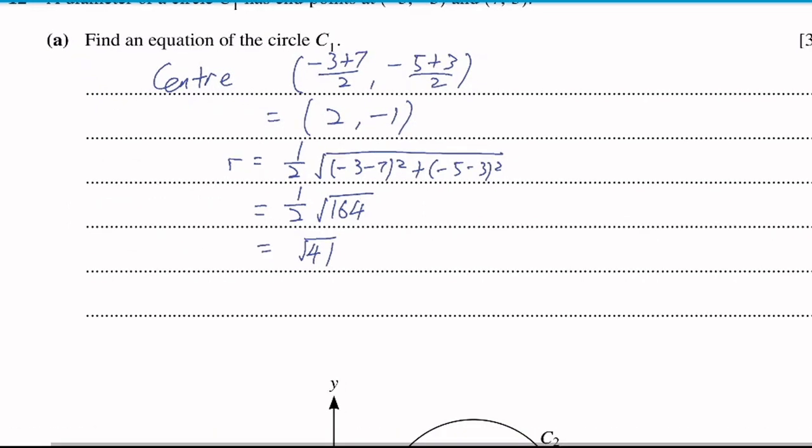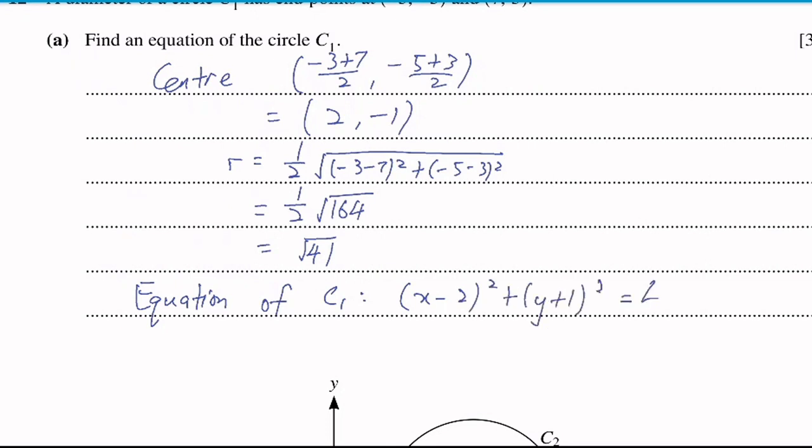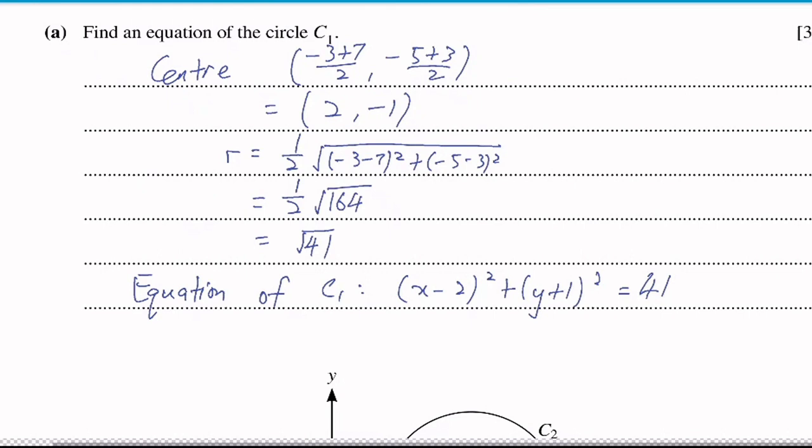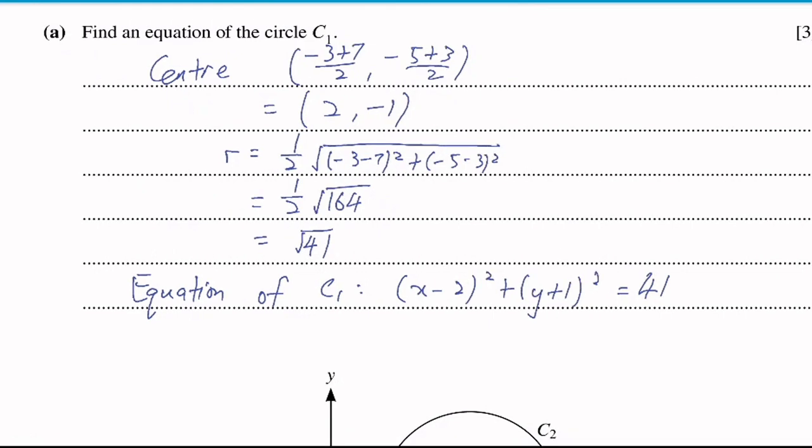So the equation: we get x minus 2 squared plus y plus 1 squared is equal to 41. So that is what we actually get for the circle here.